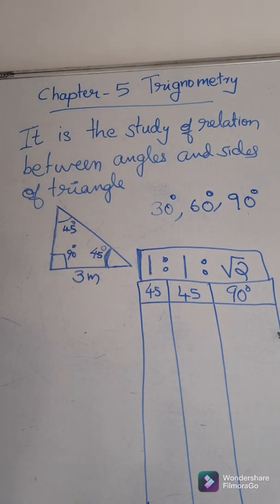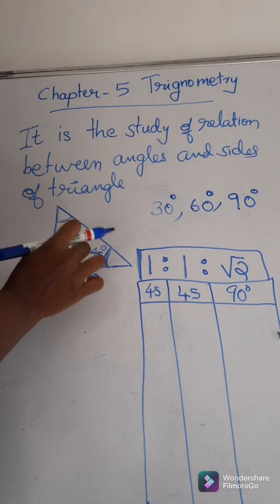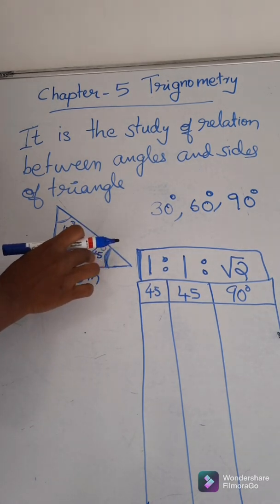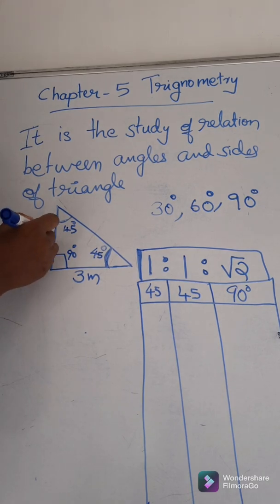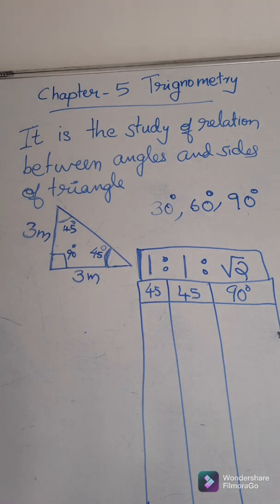Two angles are 45 means it is an isosceles triangle. Because in an isosceles triangle, two angles are equal and their sides also equal, so this side is 3 and this is also 3.